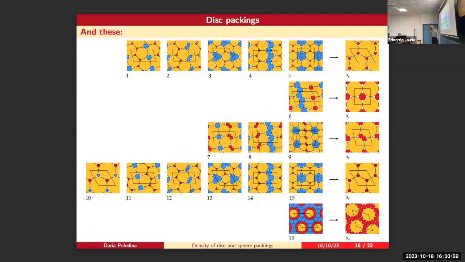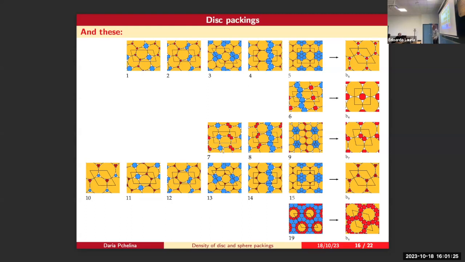And for all of them, B8 was the densest. So we also proved that this binary triangulated packing is optimal among all packings using these three disks. And the same, this one is optimal among all packings using these three disks.